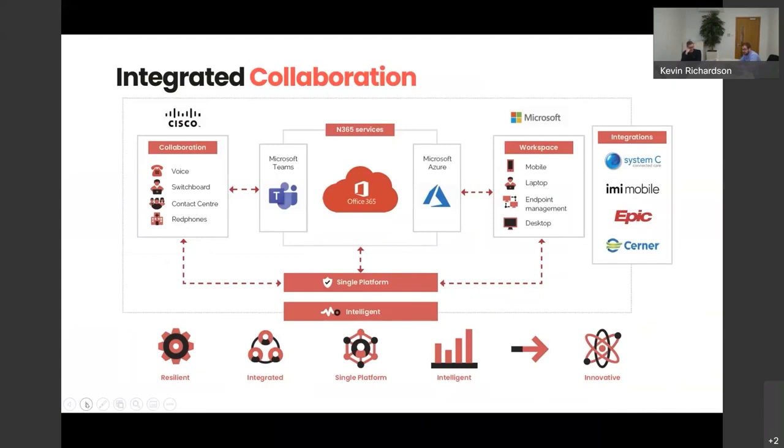There are a lot more data points now. And as we look at the integrations to key business systems, that brings contextual information into the communication flows.